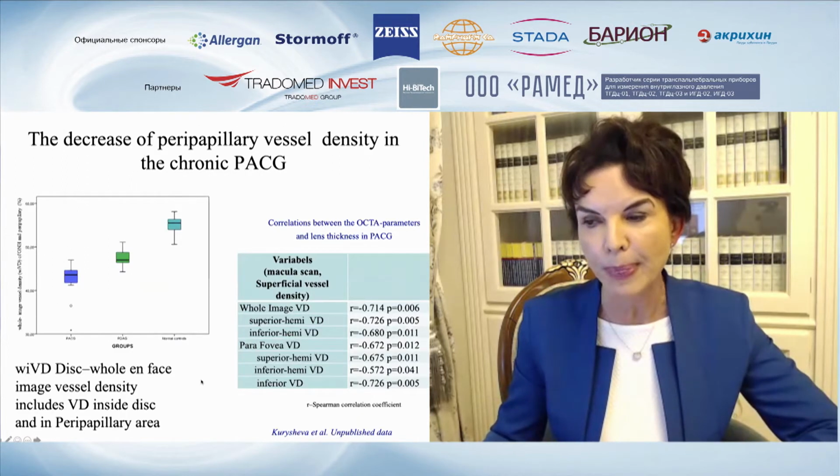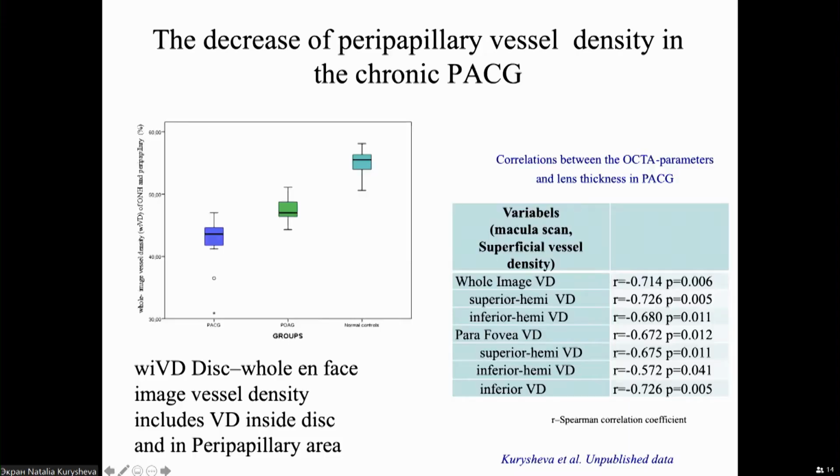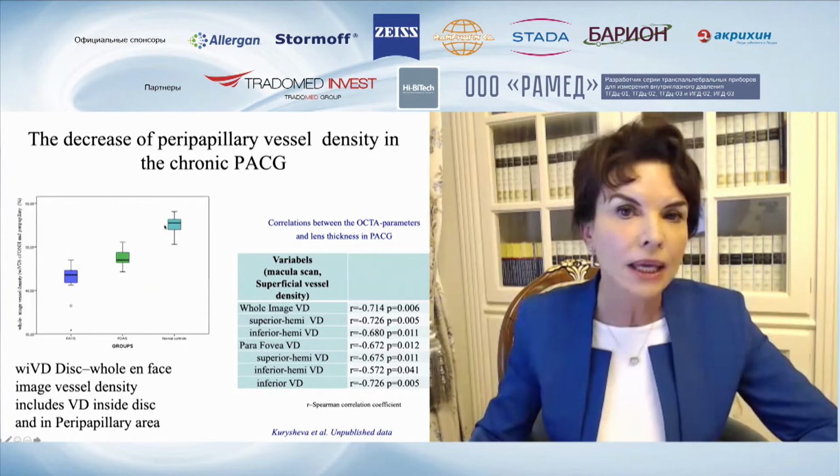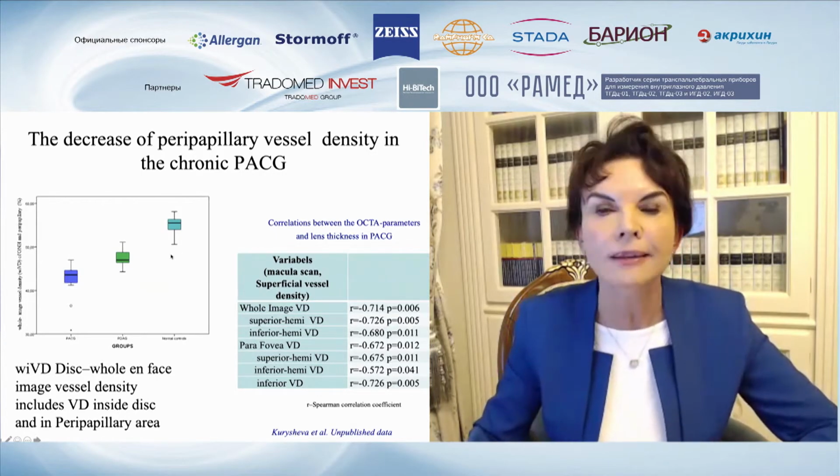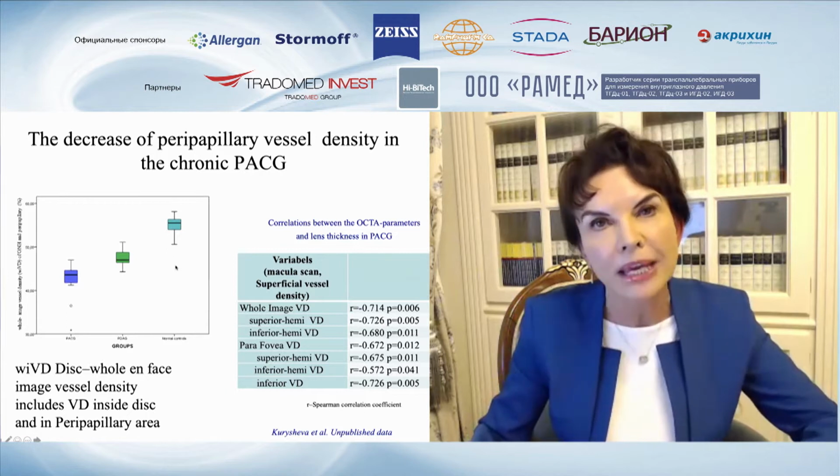According to our recent data, the dropout of vessel density in the peripapillary retina in primary angle closure glaucoma is more pronounced compared to the age and stage-matched eyes with primary open angle glaucoma. And in both glaucoma forms, it is more pronounced than in the healthy eyes of patients of the same age.